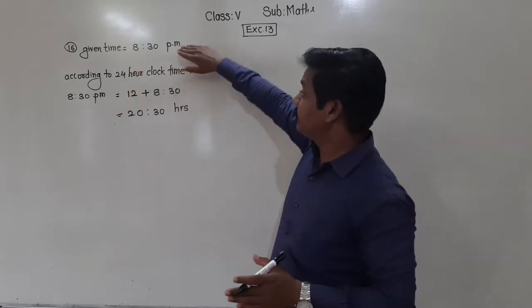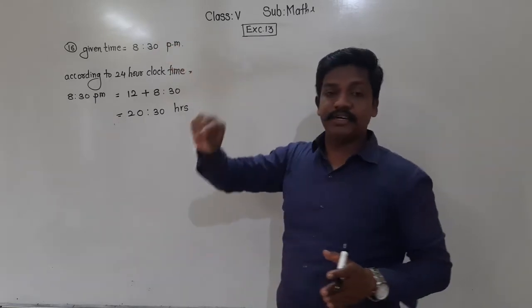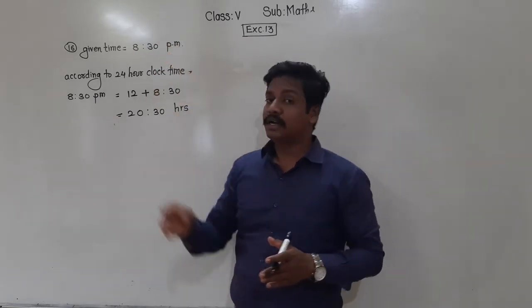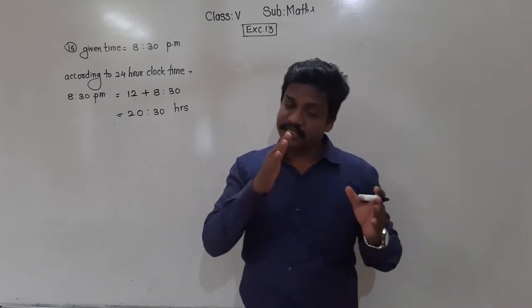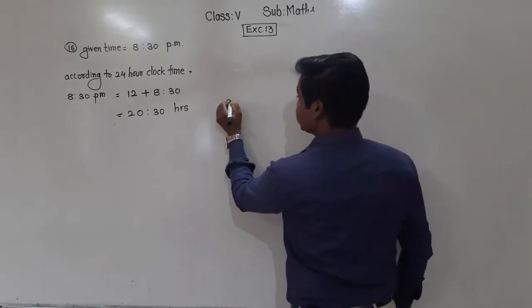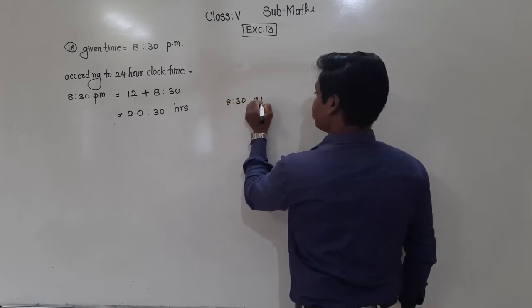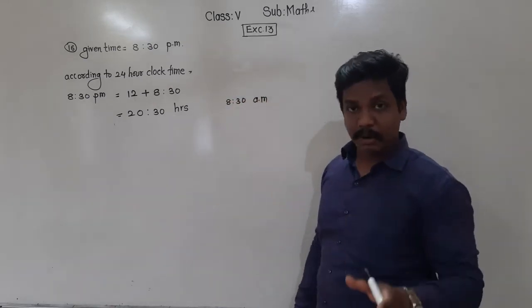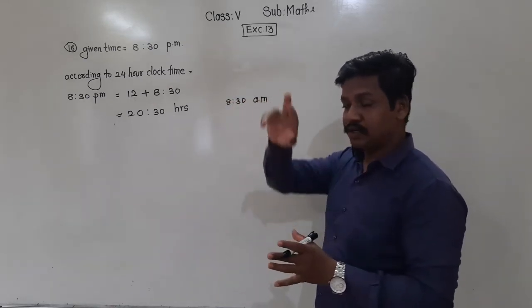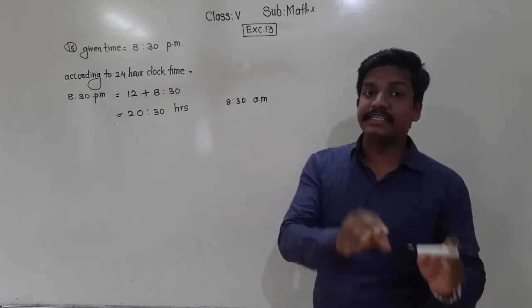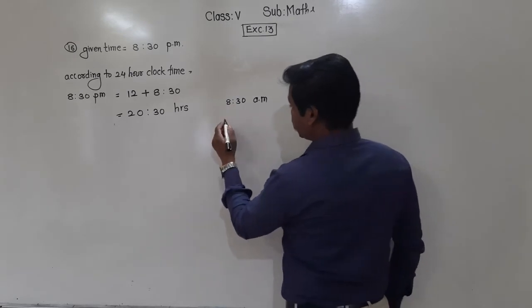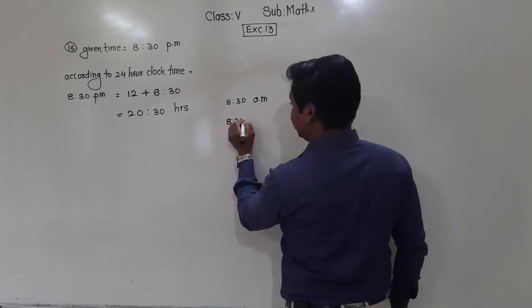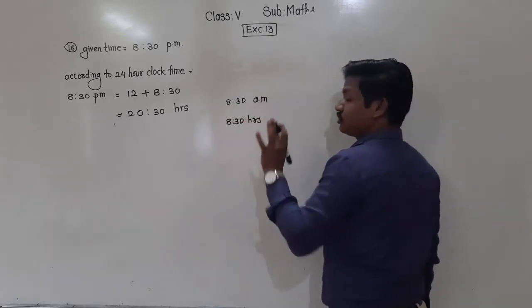If it is given as AM instead of PM, then it is the same in the 24-hour clock. If there is 8:30 AM, that means morning, and morning time from 1 to 12 is as it is. So in the 24-hour clock it is the same, 8:30 hours; instead of AM, you just write hours.